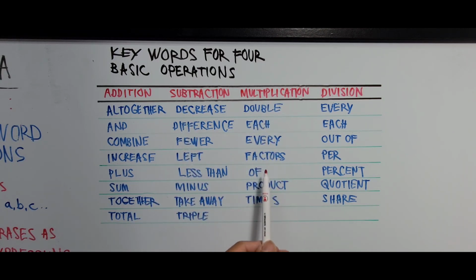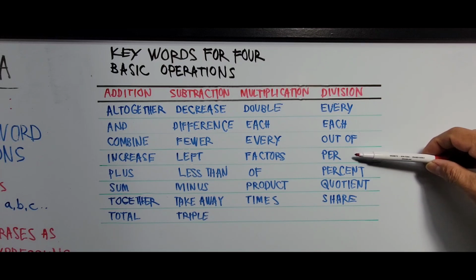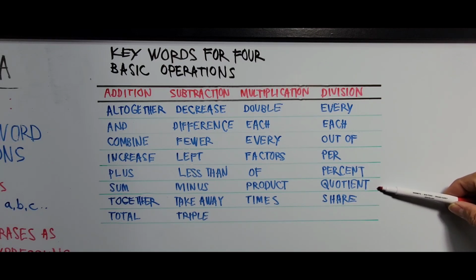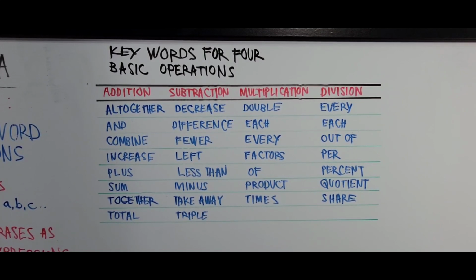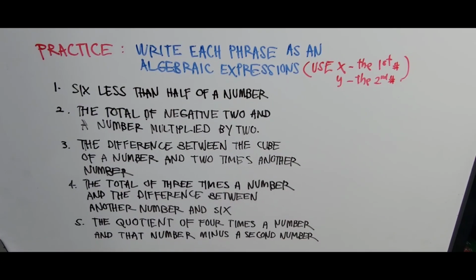Double, multiplication, each, times, of, see that, of signifies multiplication, times, and product. And see every, and it signals division, each, out of, or per, percent. You see quotient right here, and share right there also, so that signals division. All you have to do is know all those words that signal the operation involved.